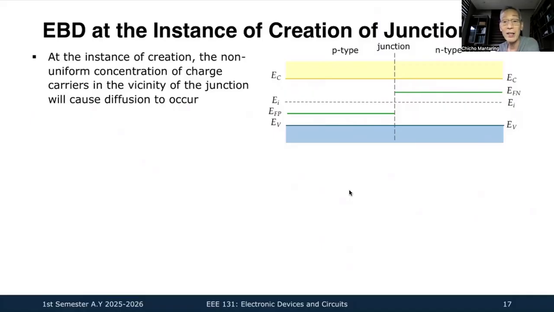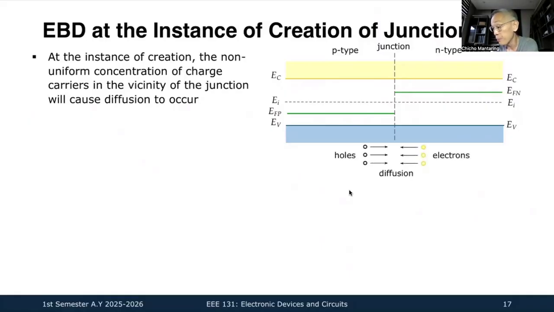On the left, it's holes, and on the right, it's electrons, or left is acceptors, and on the right is donors. So at the instant that this is created, because it is non-uniformly doped, there will be diffusion. What will diffuse? Our holes will diffuse from left to right. Our electrons will diffuse from right to left.